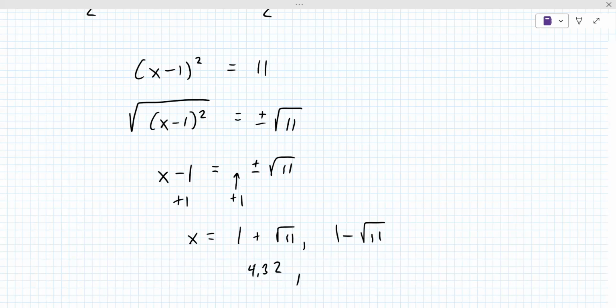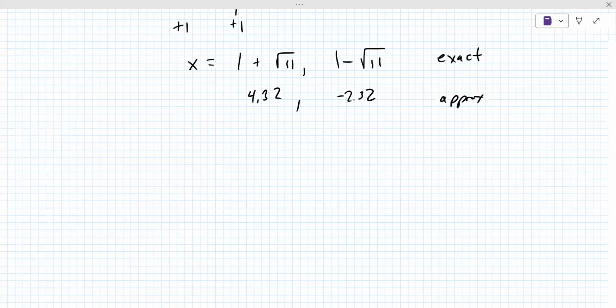And then the other one, one minus. I'm at negative 2.32. Negative 2.32. Yeah, good. So this is the exact. This is the approximation. All right. Fantastic. So this one worked. This was a good reason to use the quadratic formula. I'm sorry, completing the square.